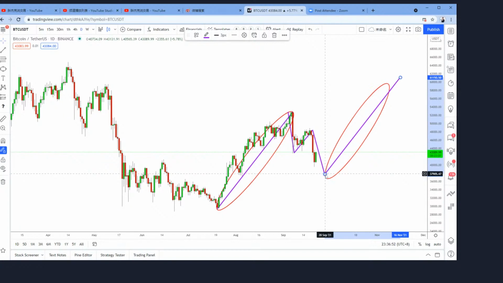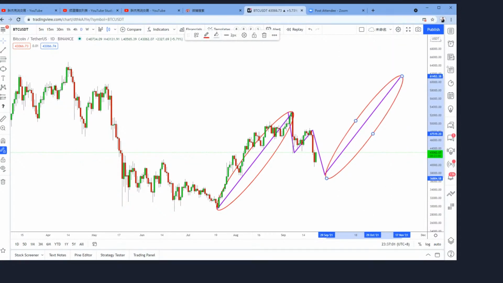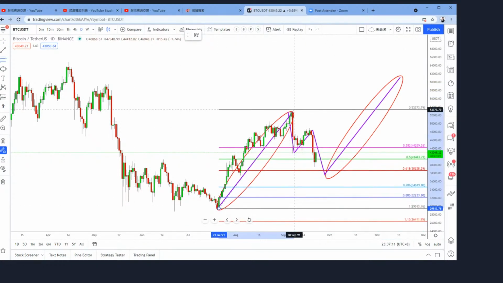If the correction wave finished, it has to rally to 60K here. Do you have the vision or not? If yes, then you will be a very, very good buyer here at 38K. This is my answer. Otherwise, you won't hold it too long.